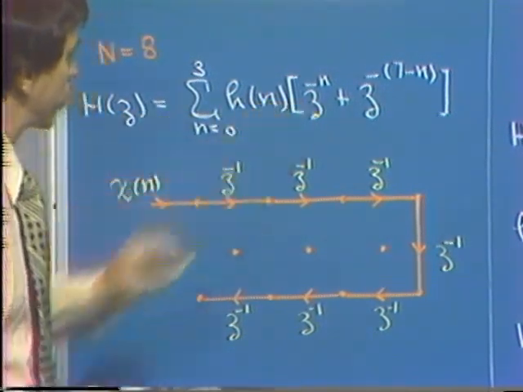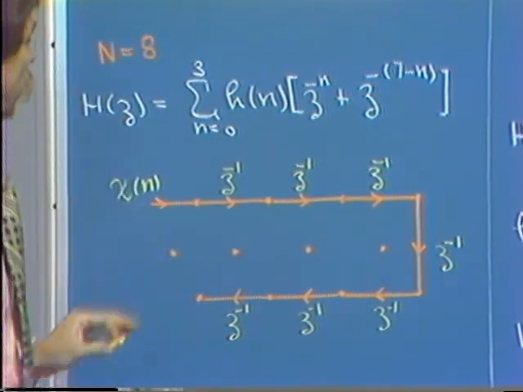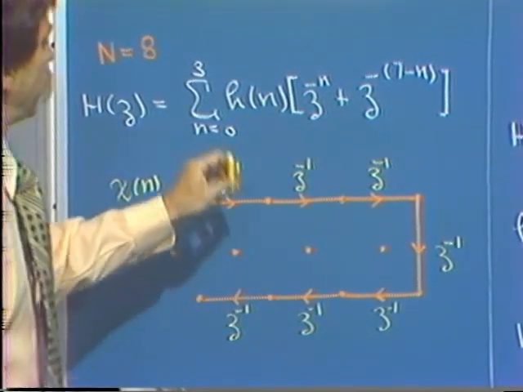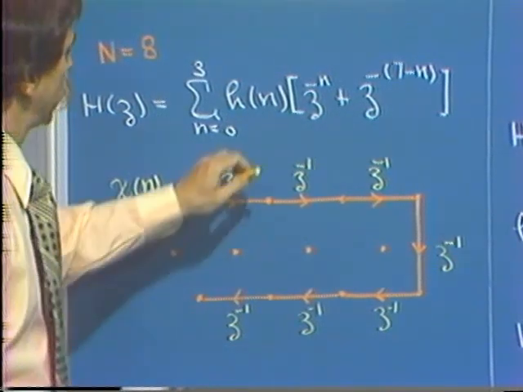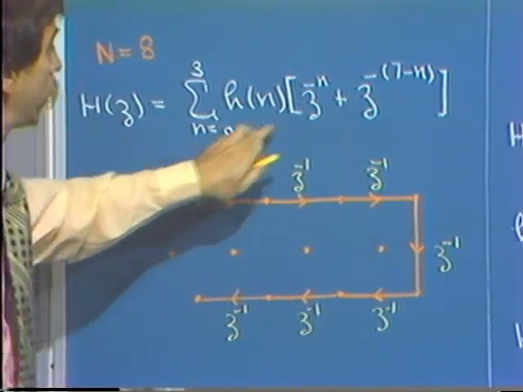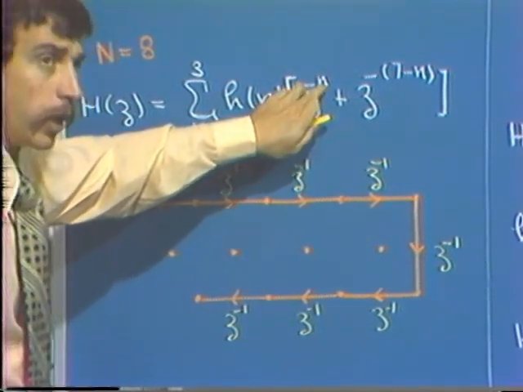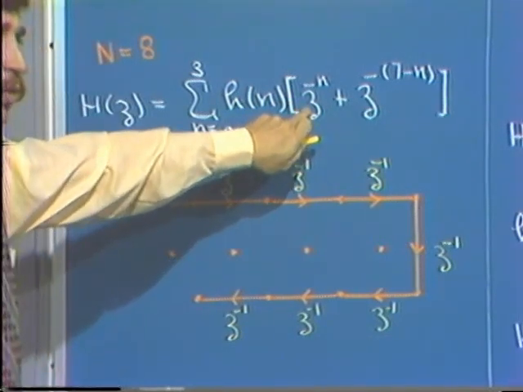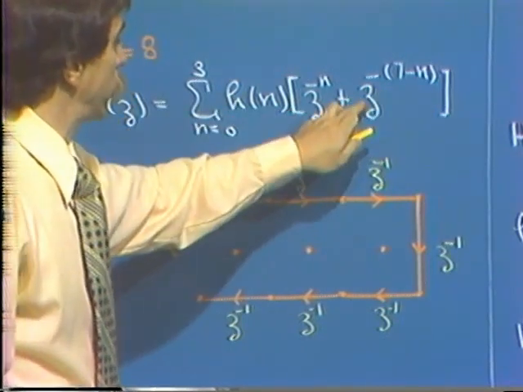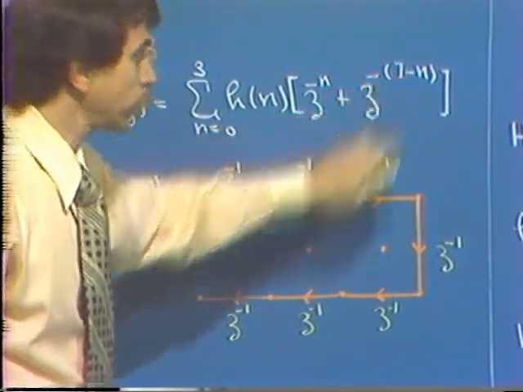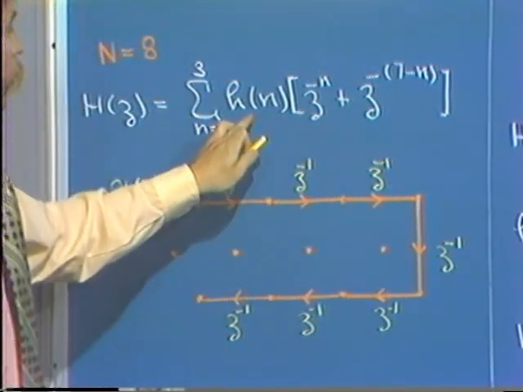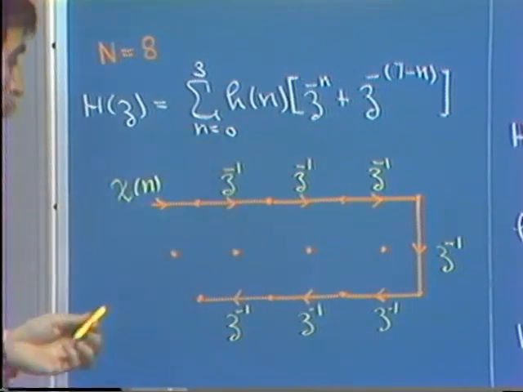And to see what structure is implied by this, we recognize that H of z is constructed by summing a system which corresponds to a delay. Looking at this expression for n equals 0, no delay, n equals 0 substituted in gives us a transfer function of 1, plus a delay of 7. Those two delays, the output of those two delays added together and multiplied by h of 0.